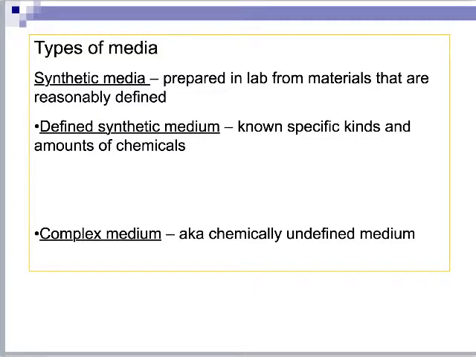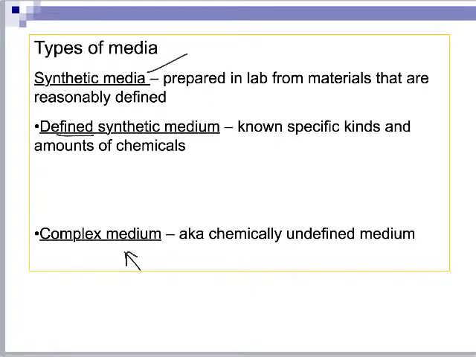Okay, so now when you go back to talk about media and the different kinds of media that we have, some are synthetic, so they're prepared from materials in the lab. Some are very, very defined. Defined means we know exactly what's going into them, so it's really a laundry list of chemicals. Complex media are not very well defined.